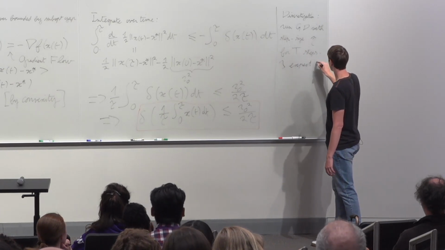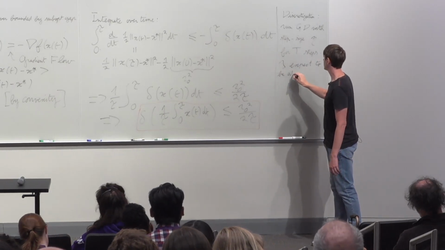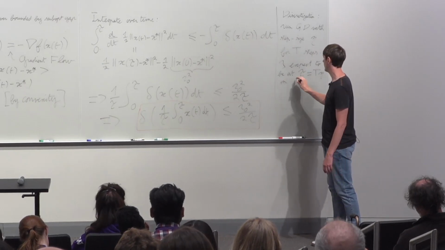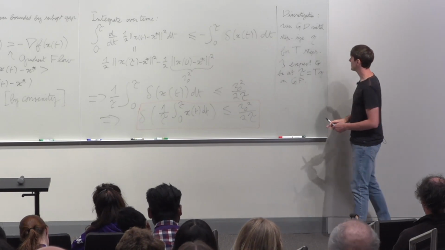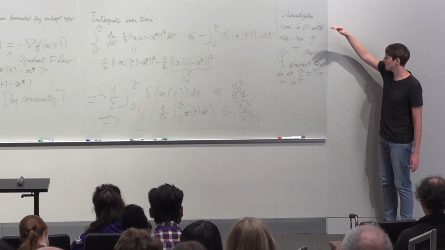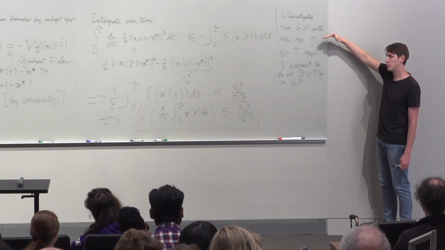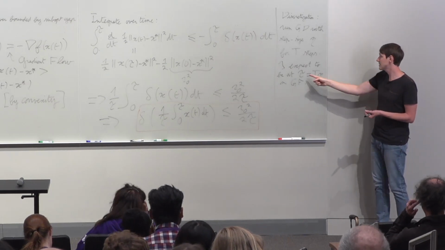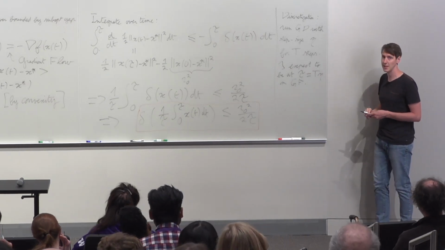So my expectation is that when I run gradient descent for capital T discrete steps with step size eta, I'm basically at the point on the gradient flow at continuous time tau, which is T times eta.